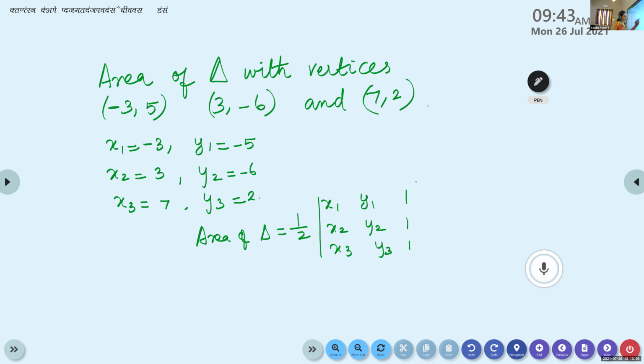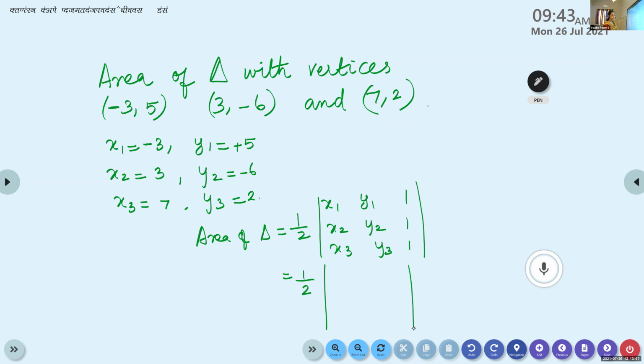Yes, Karthik. Ma'am, is y1 positive 5? Yes, y1 is plus 5. Is it okay? Minus 3, 5, 1; 3, minus 6, 1; 7, 2, 1. Yes. Now apply the values.